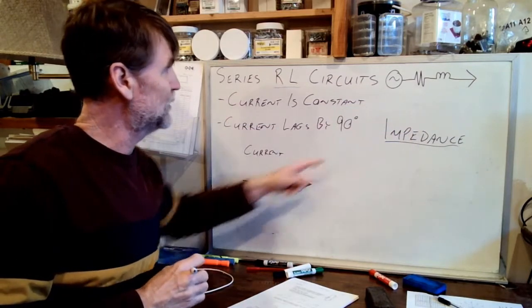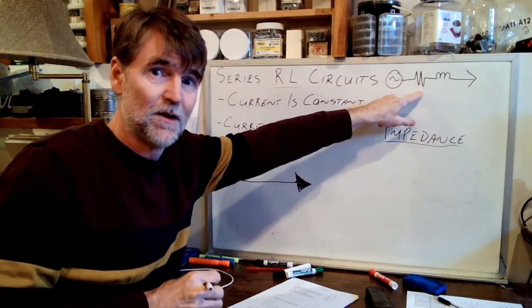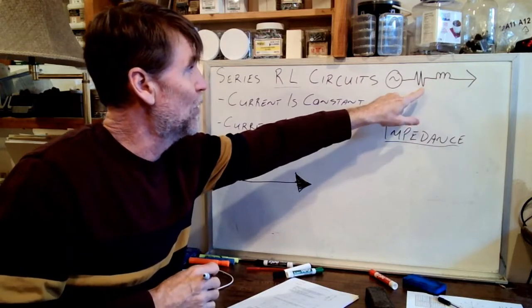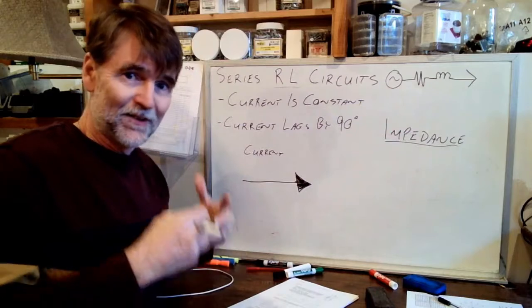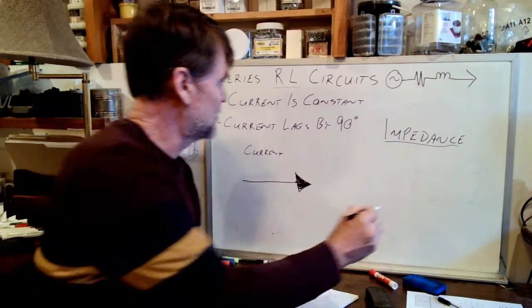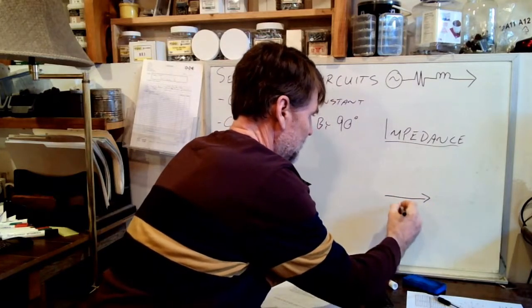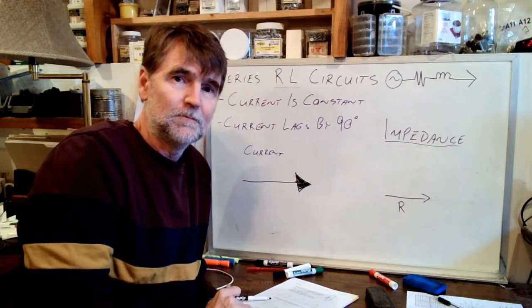We know that the voltage dropped across that resistor is going to be in phase, also at 0 degrees. So there's no phase shifting happening whatsoever. And so the resistance of the resistor also acts in the same linear fashion, and we can draw a vector, again at 0 degrees, which represents the resistance of our circuit.